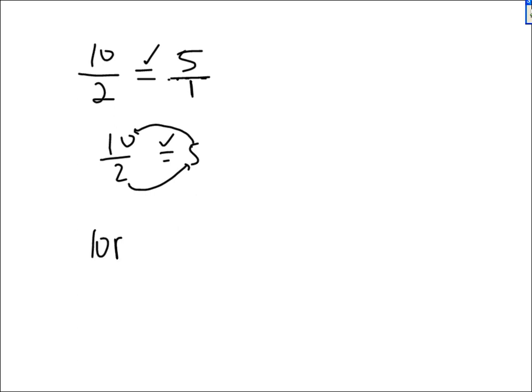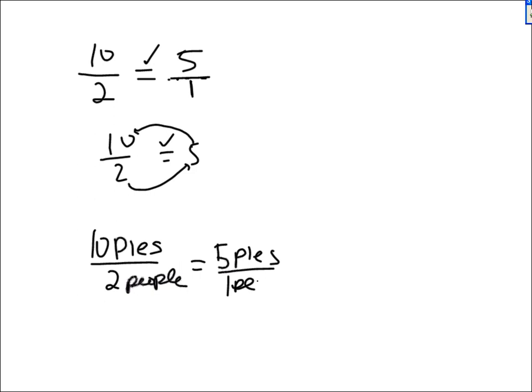If 10 pizza pies are going to go to 2 people, that's the same as, on average, 5 pies per 1 person. 10 pies for 2 people is the same as 5 pies for 1 person.